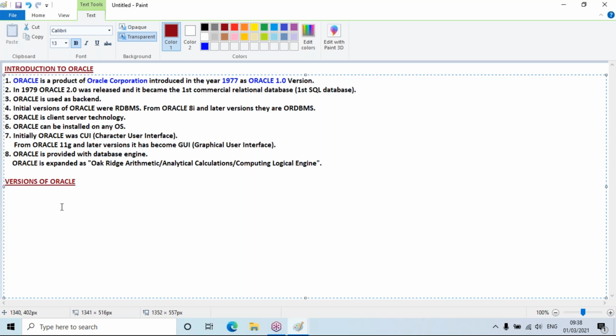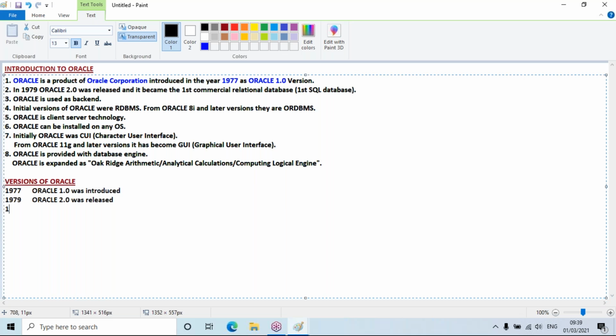Now we are going to learn the different versions of Oracle. Let me make a list. 1977, the first version, Oracle 1.0, was introduced. Then 1979, as already in my introduction notes, Oracle 2.0 was released.